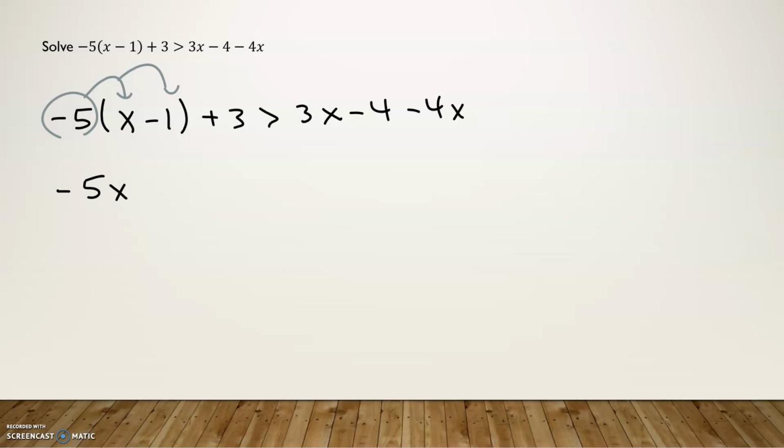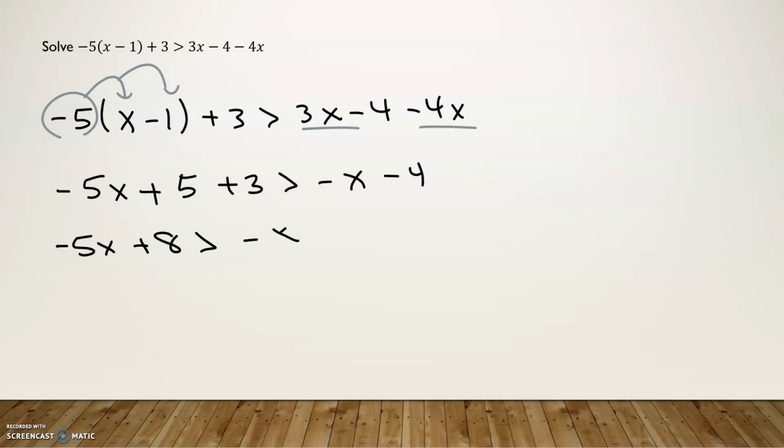So negative 5x plus 5, because a negative times a negative gives me positive, plus 3, less than. I've got a 3x and a negative 4x. If I combine those, I get negative x minus 4. Negative 5x, and then 5 plus 3, so 8, less than negative x minus 4.